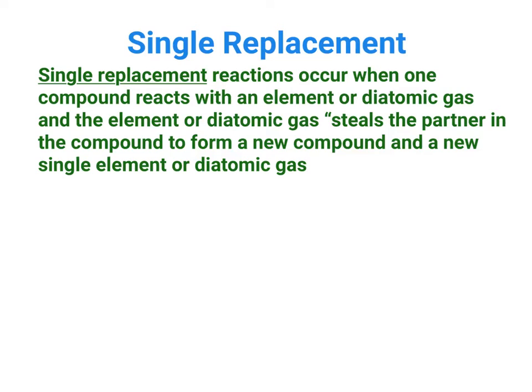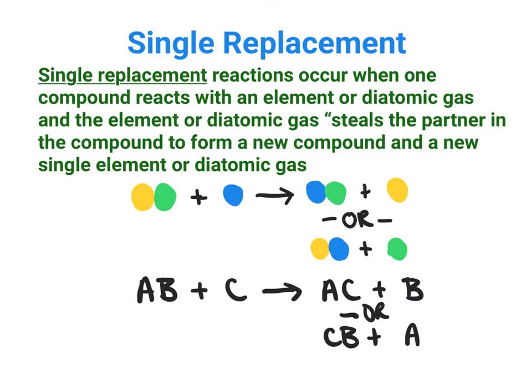So if we were to draw our molecules again, we have the compound gold-green and the single element or gas, which is blue. Blue can either replace gold to form the compound blue-green, leaving gold on its own, or blue can replace green, leaving the compound gold-blue with green on its own, and it's written as either AB plus C gives you AC plus B, or CB plus A.